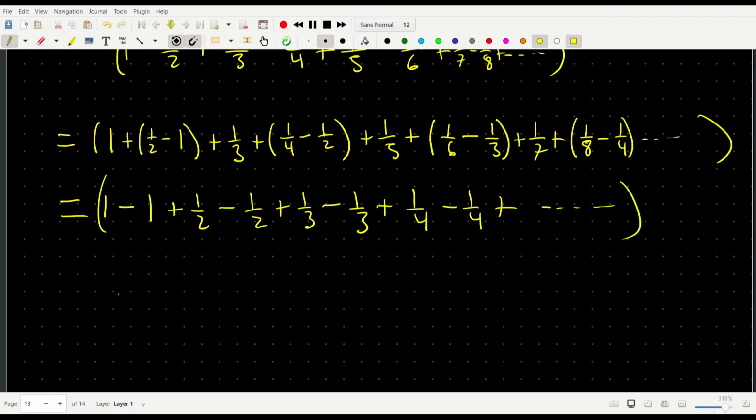The partial sums of this series right here, the first one's going to be 1, the next one's going to be 0, because 1 minus 1 is 0. The next one's going to be 1/2. The next one's going to be 1/2 minus 1/2, which is 0.